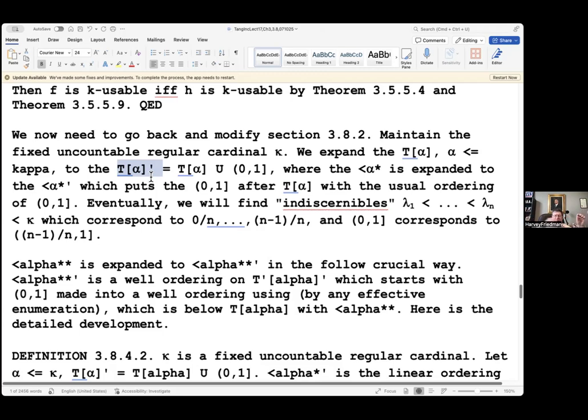Tack something on at the top. And the less than star ordering is going to be expanded where I put that on the top with its normal order.